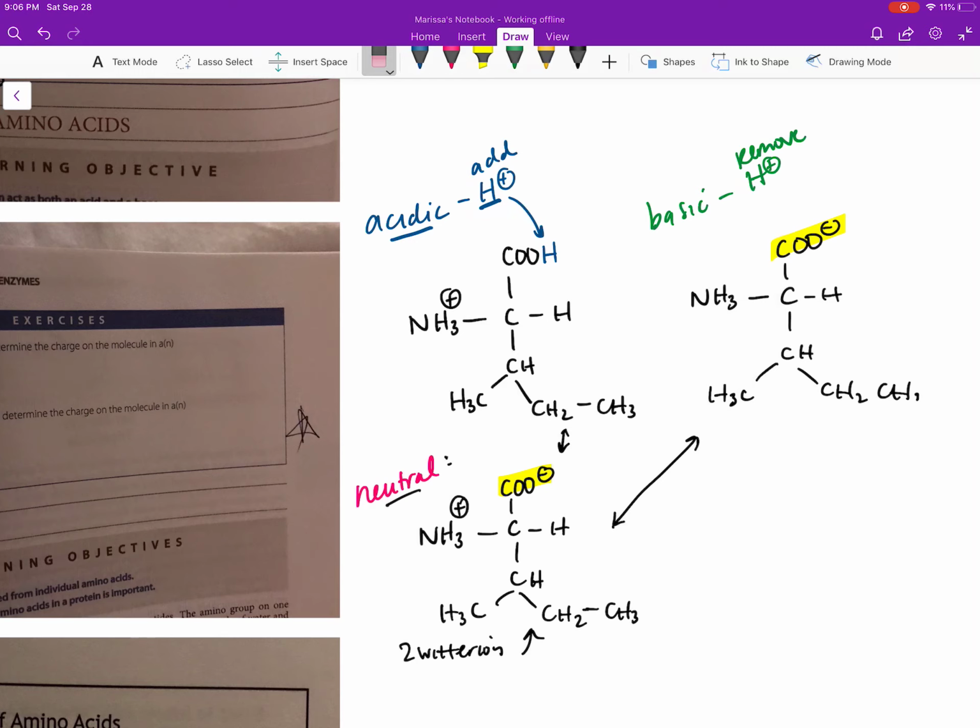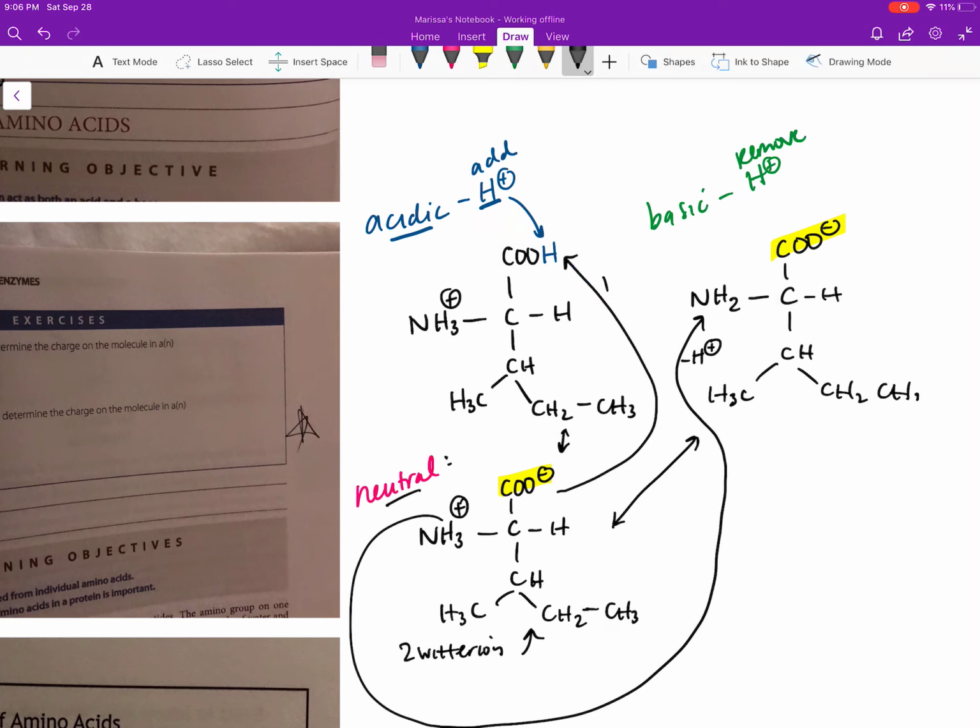Instead, the only proton I could remove is the one that exists on the NH3+. Okay, so this particular proton is what gets removed. So minus that. When I go from neutral to acidic, I'm going to add a proton to that negative group.